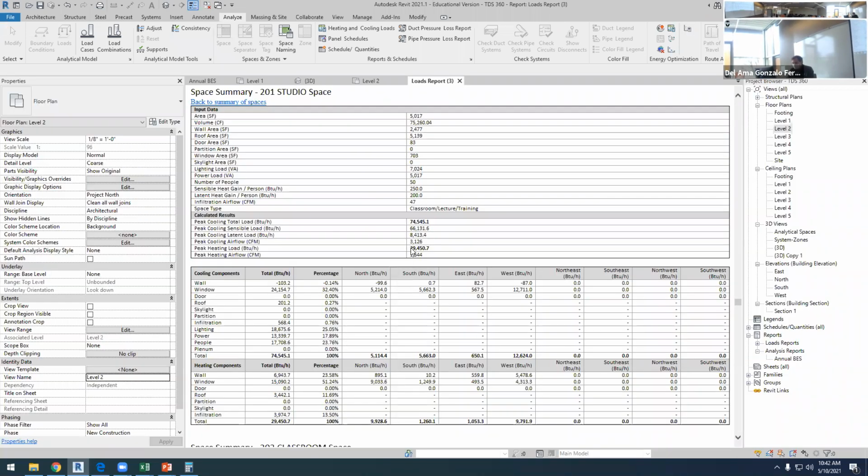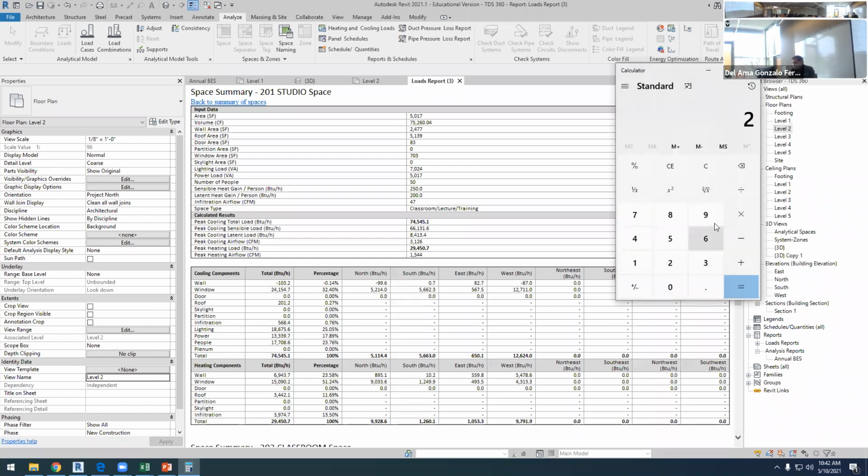Okay. So this is 29,450. 29,450 divided by the floor area of that space. We are working with this space, and the floor area of the roof area is 5,139. Okay, so this is 5.73 kBTUs per square feet.